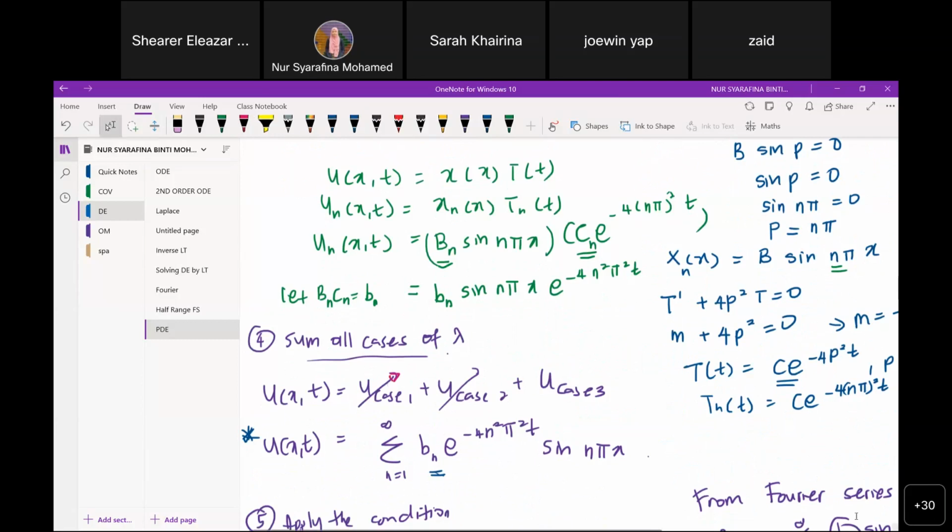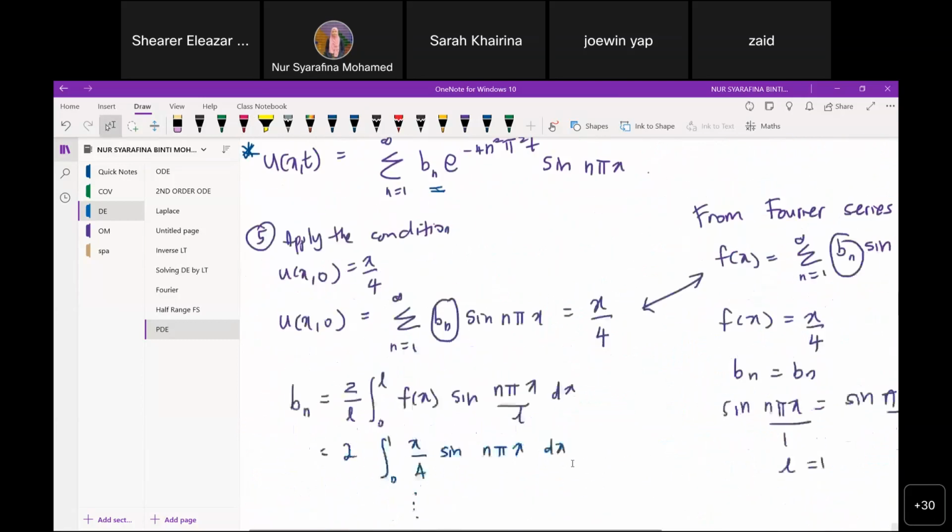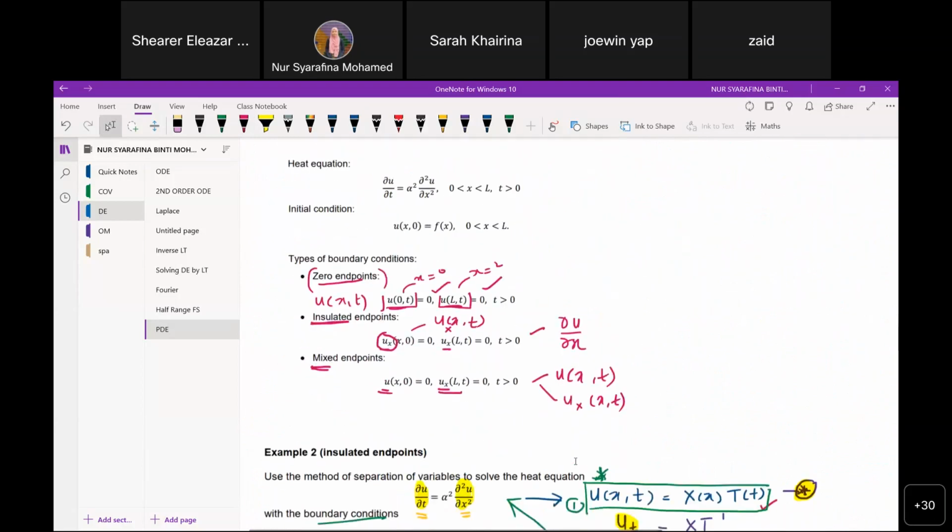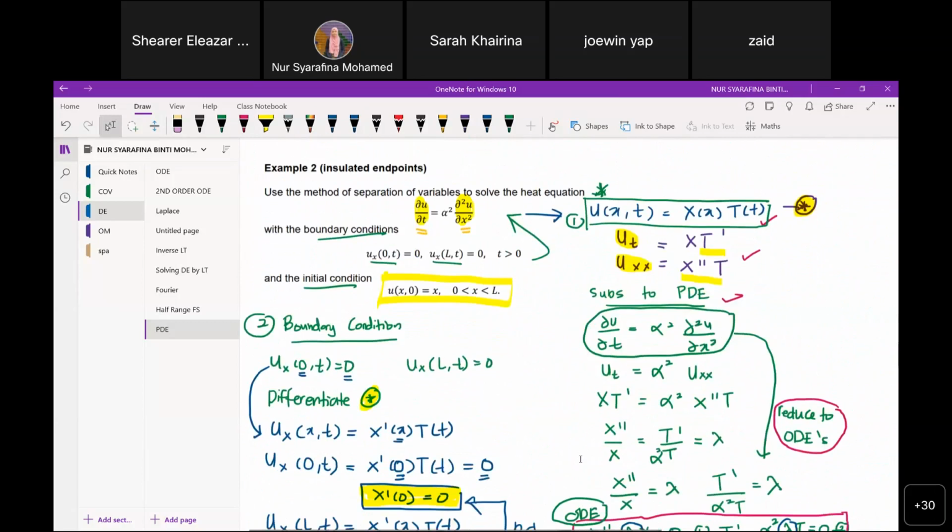Okay, so now let's do the second example, of insulated endpoints. Same process, same steps, but the difference is that the boundary condition given in this case is insulated.